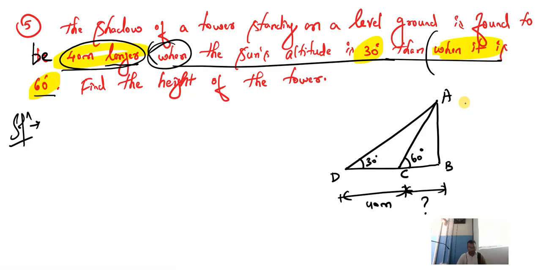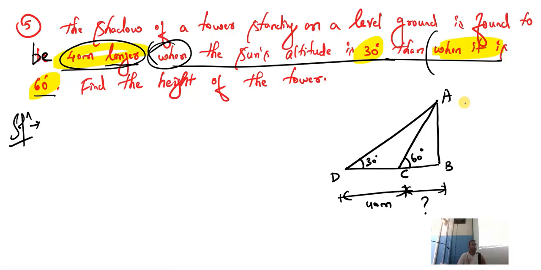Next point. The length of the shadow, when the sun's altitude, in bracket angle of elevation (altitude means angle of elevation), is 30 degree, is BD.